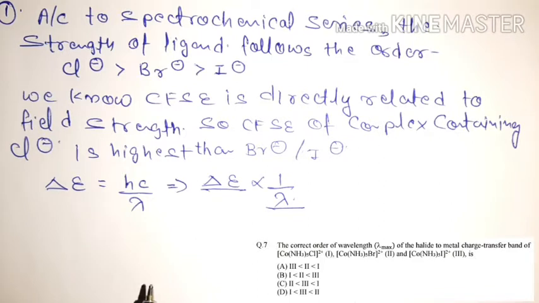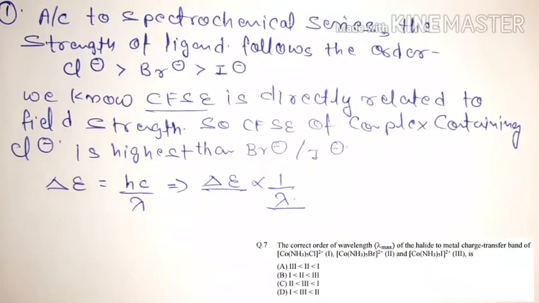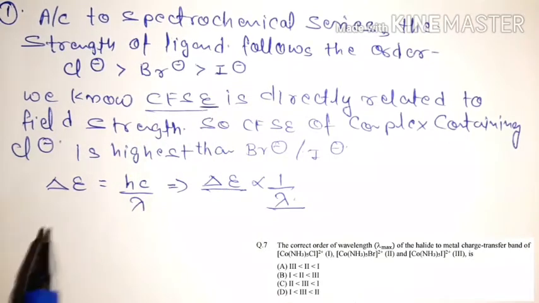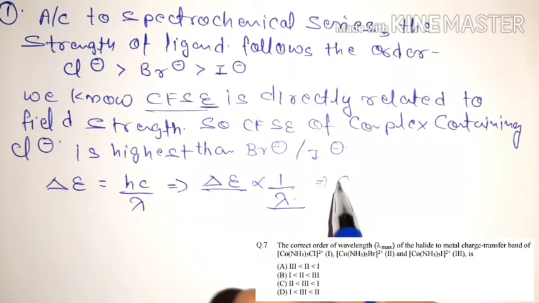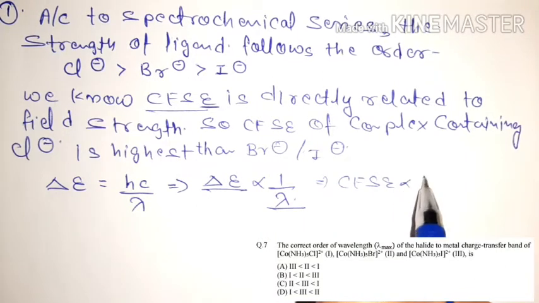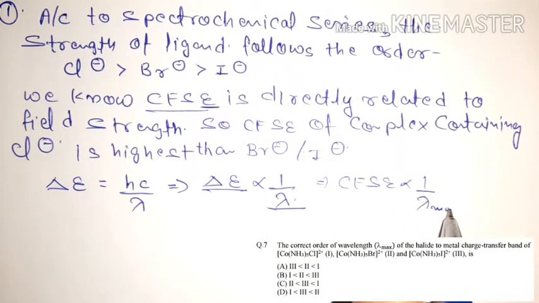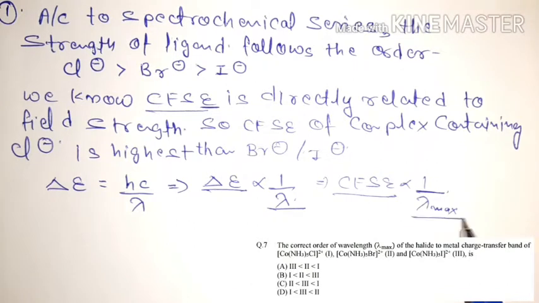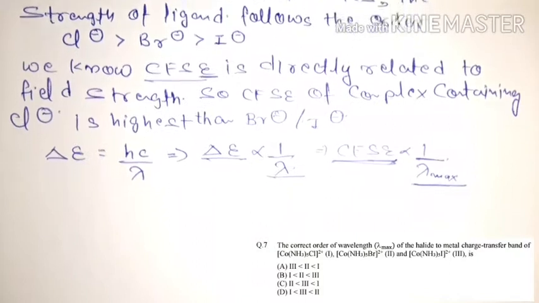And you also know that CFSE is also a form of energy, the crystal field stabilization energy. So it means CFSE will also be inversely proportional to lambda or lambda max. So those complexes which have a high CFSE value will have a lower lambda value.